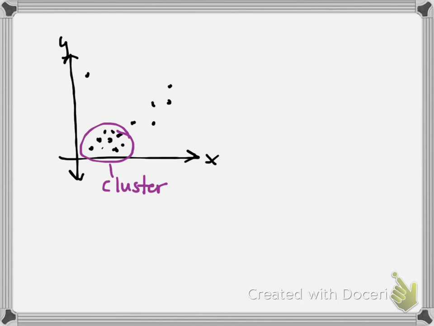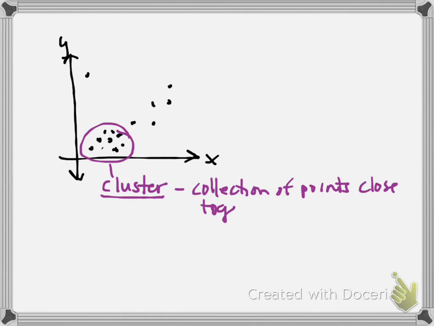Okay? So the cluster is a collection of points close together. And then this guy over here, all by himself, he's called an outlier. Yep, makes him very special.